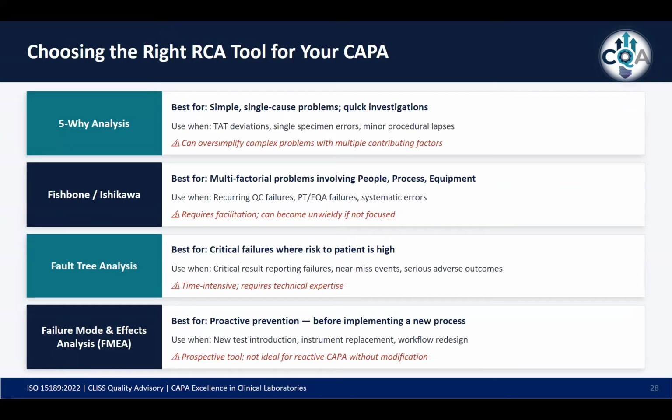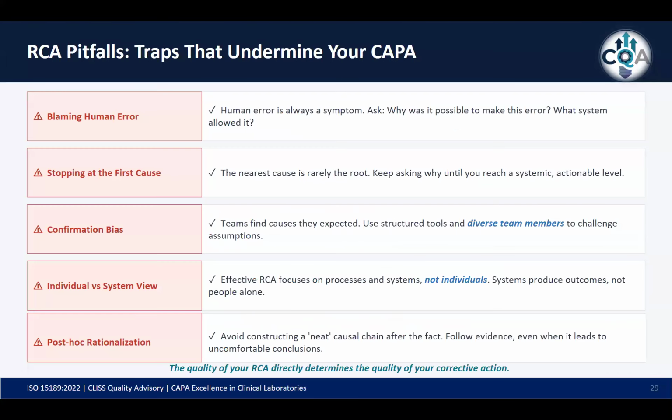Okay, and the fault tree is best for critical failures where risk to patients is high. And then the failure mode and effects analysis, very common in risk assessment processes. So these are just tools we are introducing to you for you to consider using.